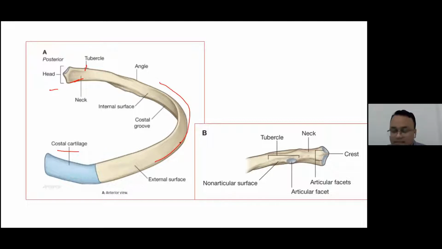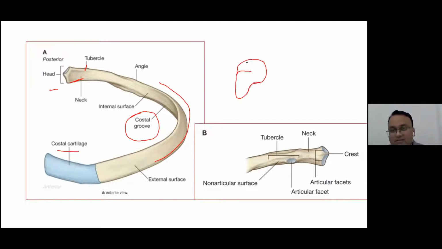Okay, but what I would like to highlight in this image is regarding the costal groove. We know the importance of the anatomy of the costal groove, right? Because it is at the costal groove that several important structures lie. And knowing that these structures lie in the inferior border of the rib is important. So what you'll have over here, okay, this is the groove.